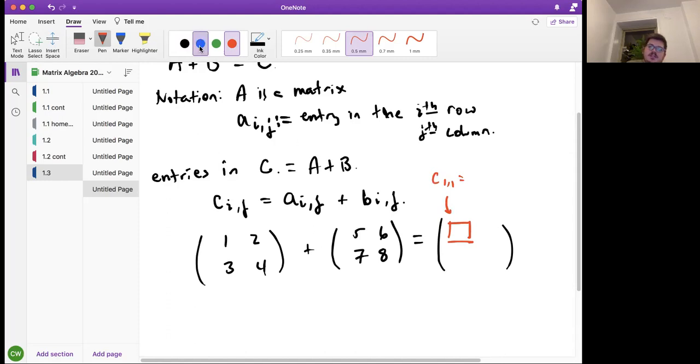Yeah, the lowercase is just for the element. The capital is for the matrix. So like if this would be A, this is B, and this is C. And then entries will be lowercase in general. I mean, there are different notations, but this is what I like.